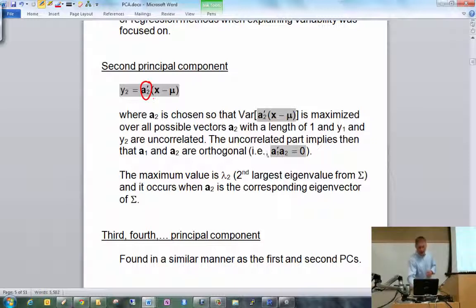And also you have this additional component that a1 and a2 are orthogonal. We've seen the definition of that in the matrix algebra section. Essentially that means the product of those two vectors is 0. What this ends up meaning for us is that the first principal component is going to be independent of the second principal component.